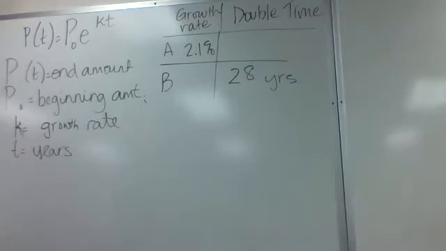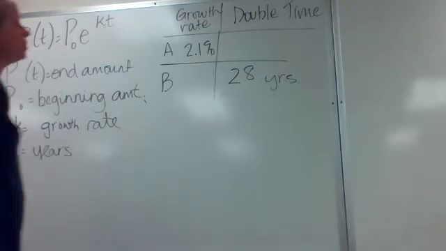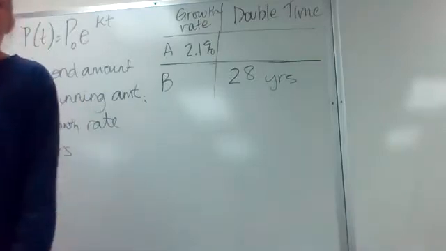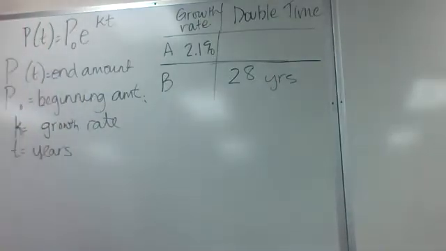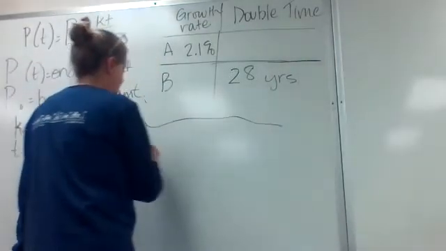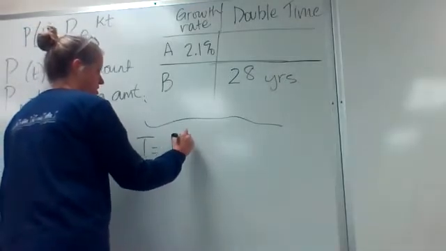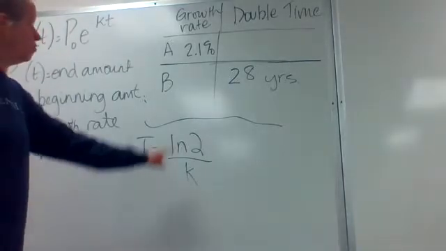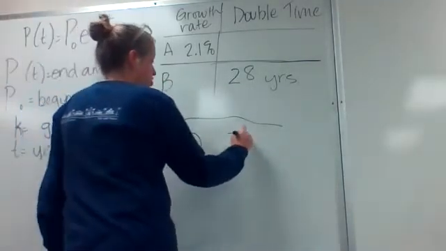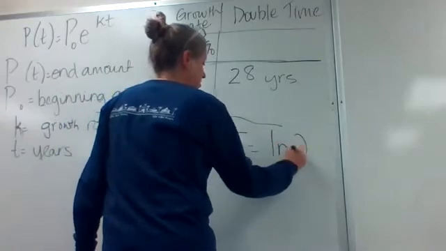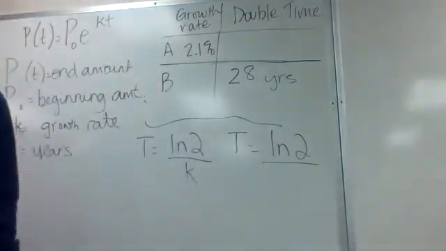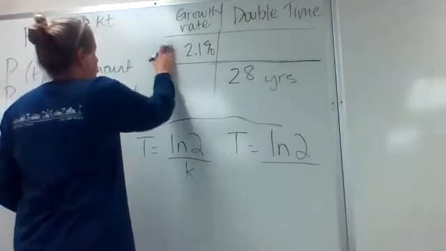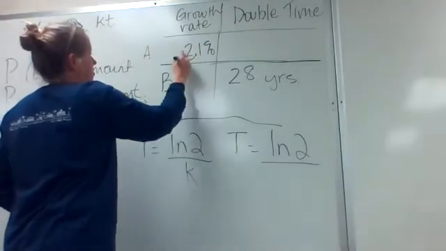Country A's growth rate is 2.1%. What is going to be its doubling time? So the exact same formula that I used on that last question, doubling time is ln of 2 over the growth rate. Well, I know the growth rate is 2.1. Make sure you turn that into its decimal form, not percent. So move its decimal 2 places to the left.